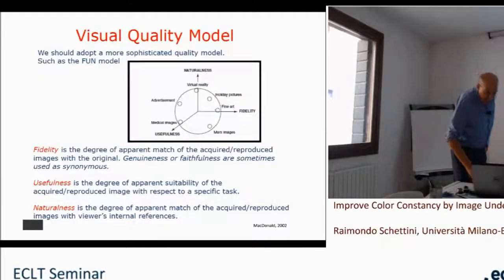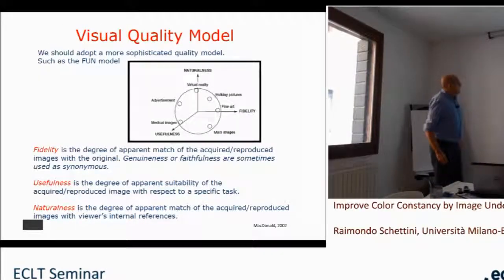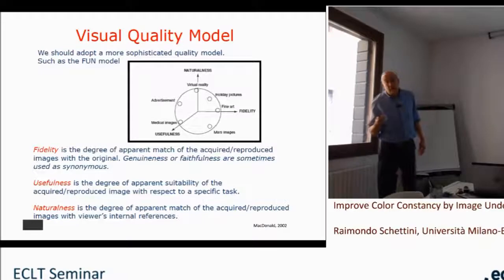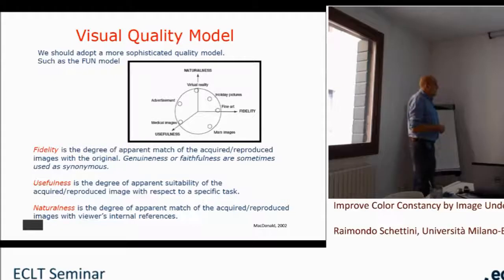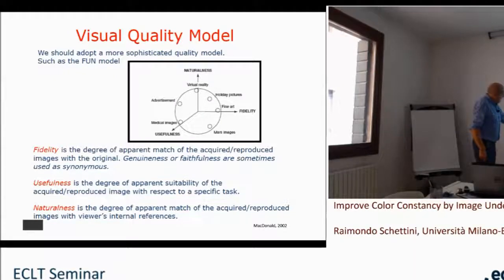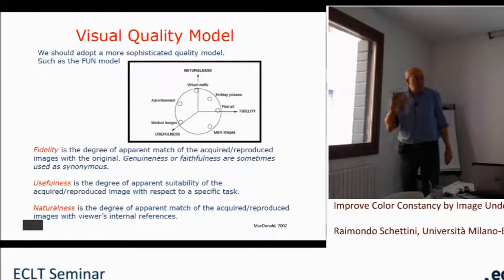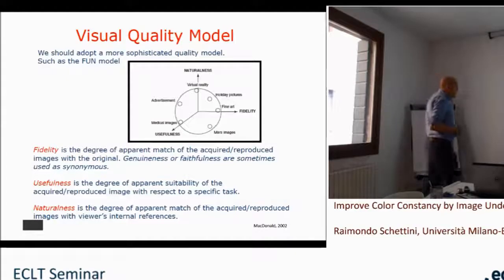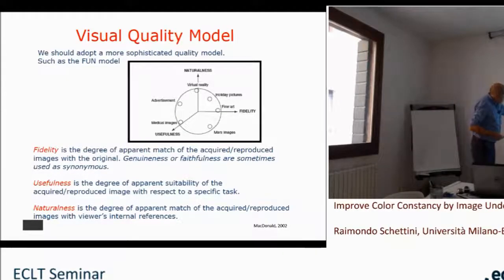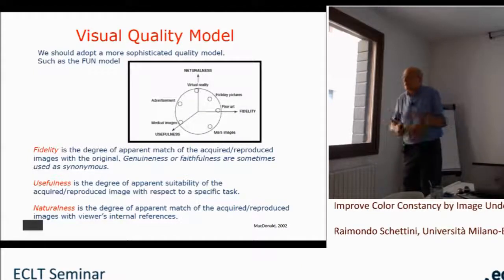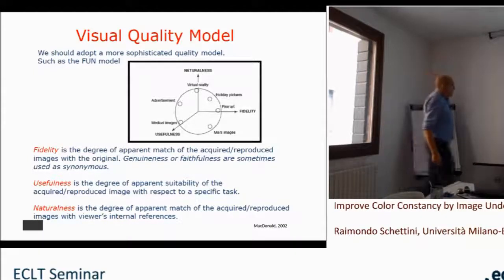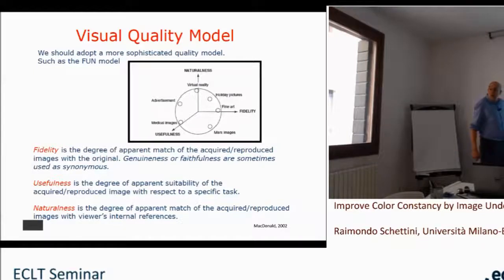So, in practice, in digital, when you talk about computer vision, you have a dimension of quality that is usefulness: I have a task, I have to recognize something. When we talk about, let me say, dermatology, fine arts, or something like that, the main feature is fidelity.